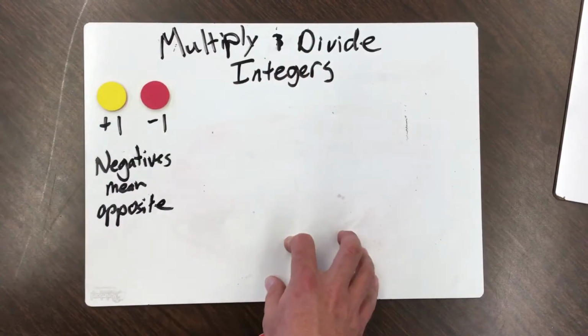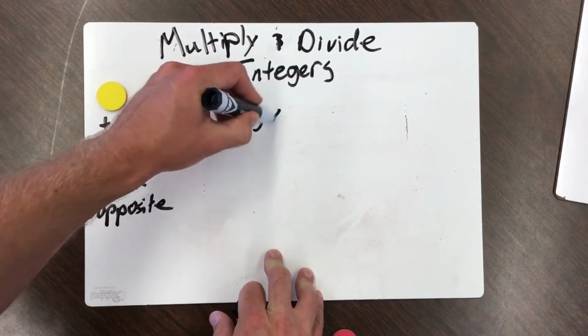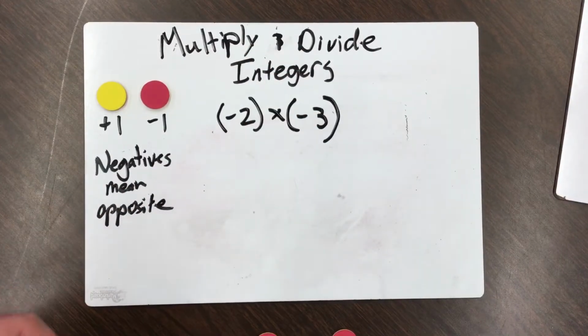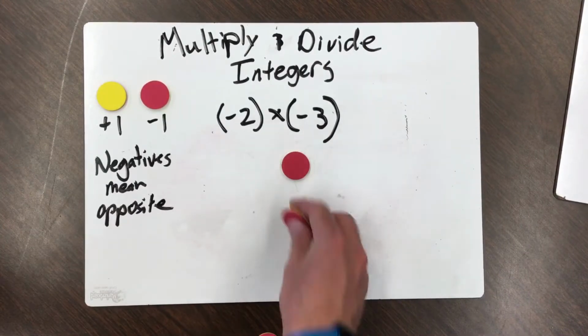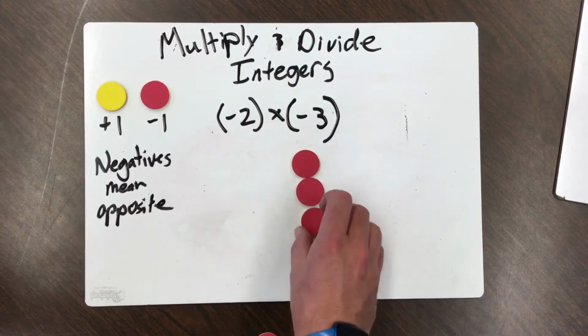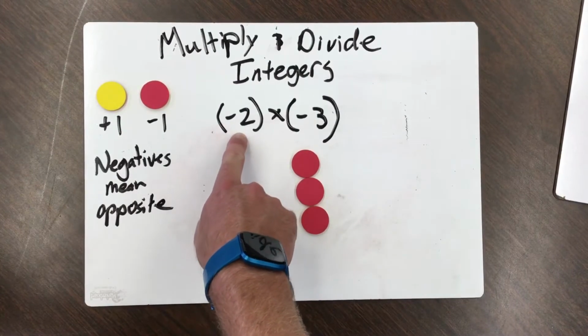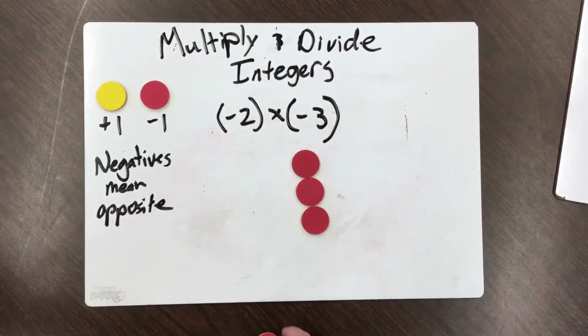Now, let's switch it up a little bit, and let's say we're dealing with negative 2 times negative 3. Here's where it gets a little more complicated: we're going to have our group of negative 3, and we have 2 groups of them, but we have 2 negative signs. And so that means we have to do the opposite of it.